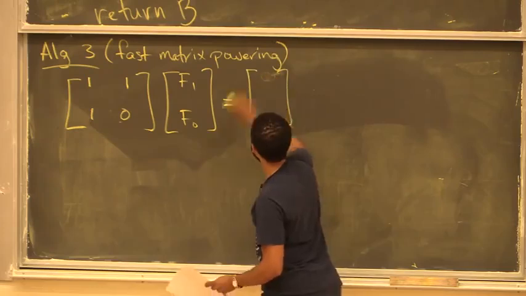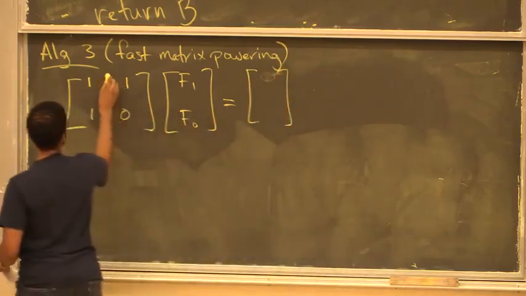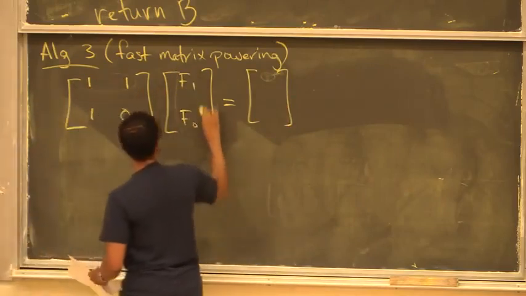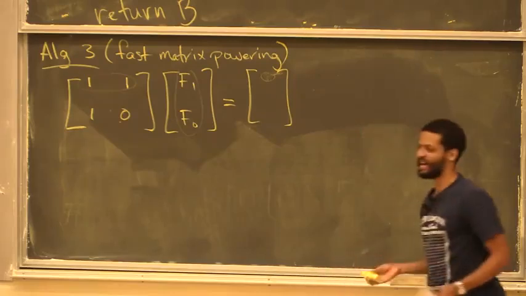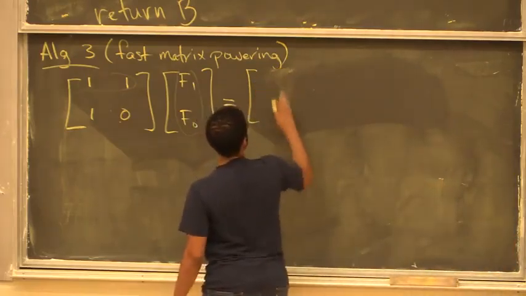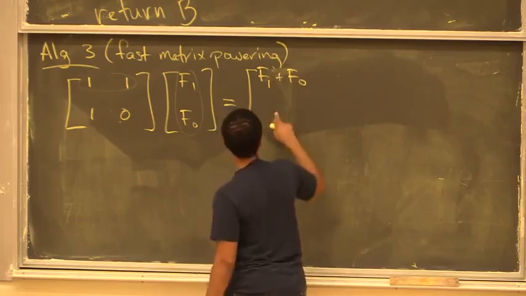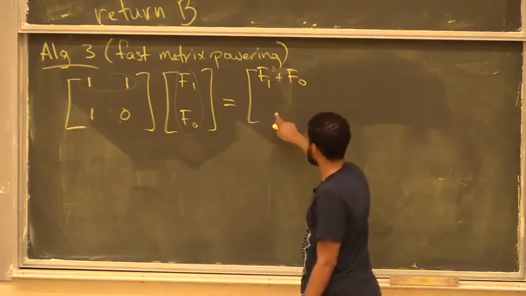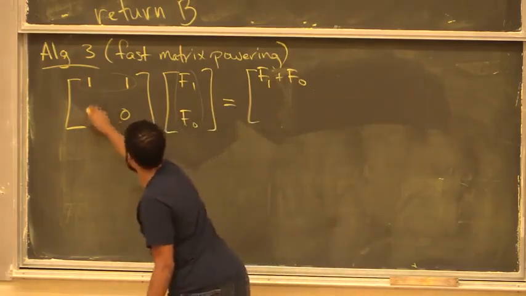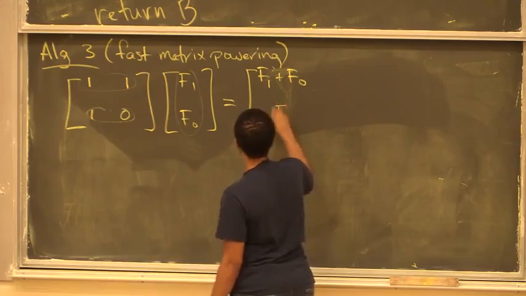And this entry, this is the first row, first column. So I get it by dot producting the first row and the first column. And the dot product there is F1 plus F0. And then this is the second row, first column. So I dot product the second row with the first column. And then I just get F1.